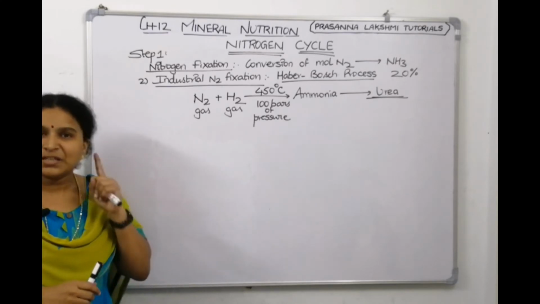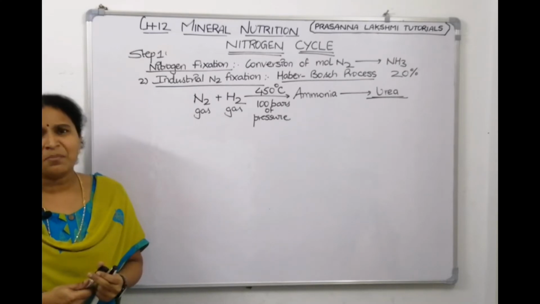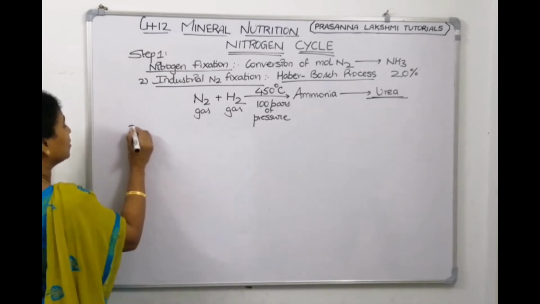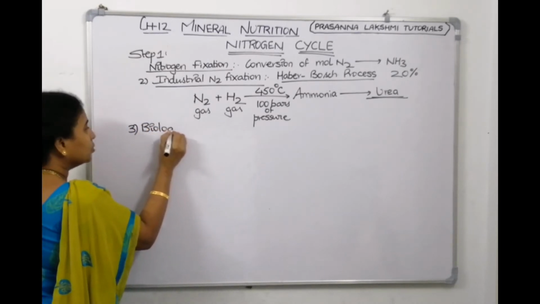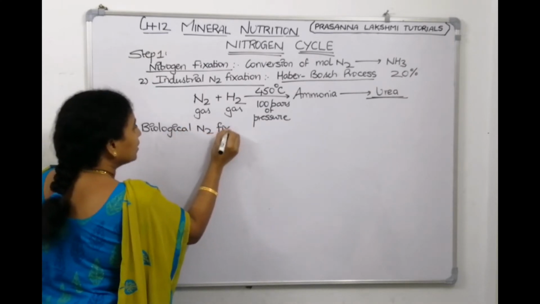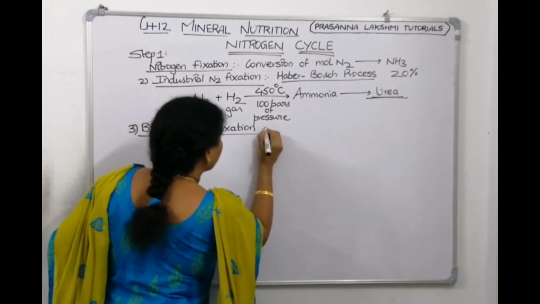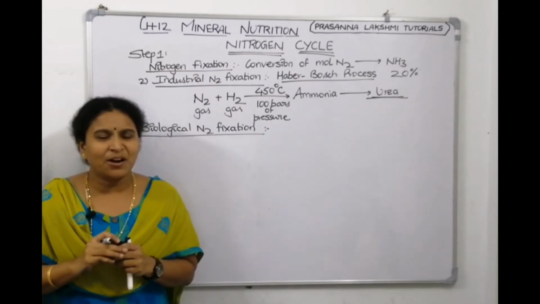Right children, we finished the second process also. Now let's talk about the third, very important process. What is that? Biological nitrogen fixation. Biological nitrogen fixation means where microorganisms are involved, right?